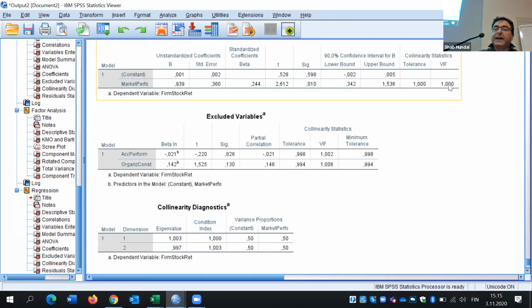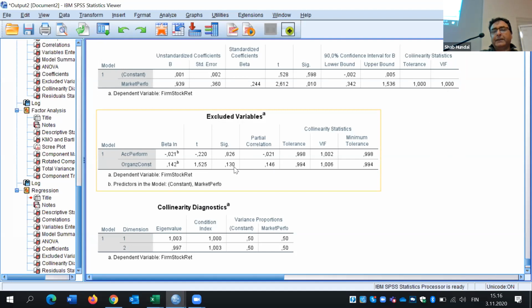Our VIF, it's the most optimum if it is 1, which it is. We can go even up to 3, 4, 5, but because less is better, and one is the least, 1 is the best. So we don't need anything else, I think. The other constructs are maybe important in theory, but not in our case.